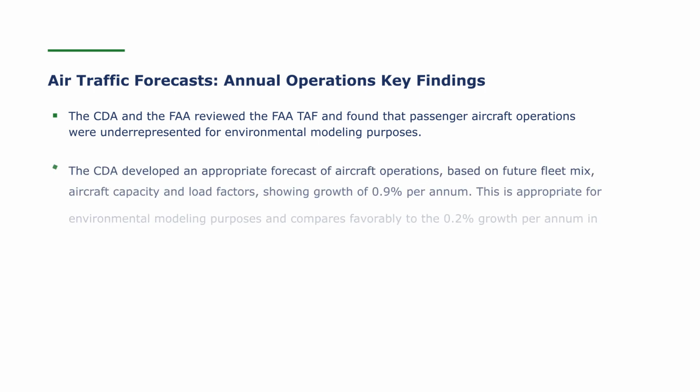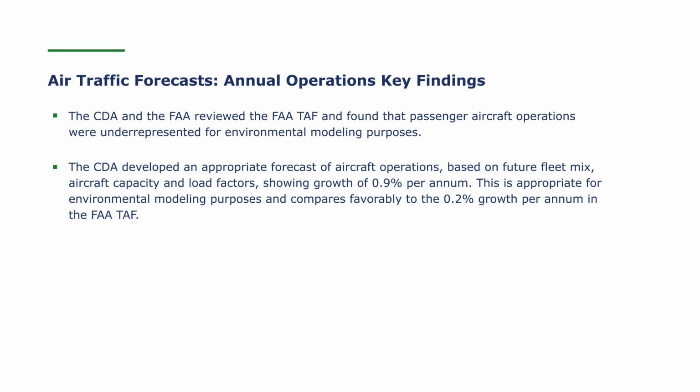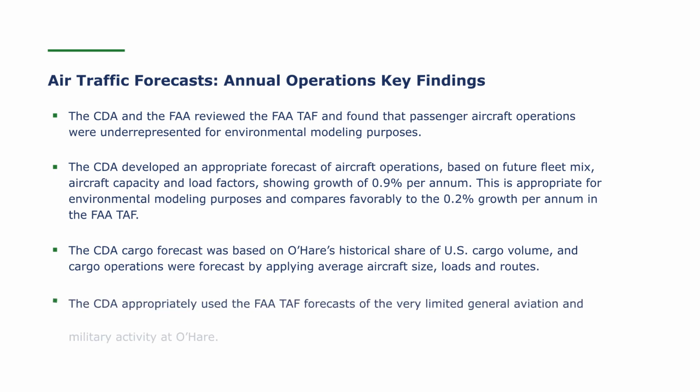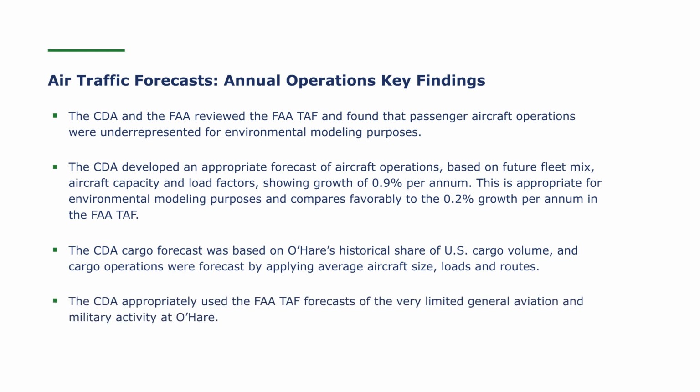The CDA also determined aircraft operations would grow at 0.9% annually compared to the 0.2% growth annually in the FAA TAF, which is appropriate for modeling purposes. Finally, the cargo forecast was based on O'Hare's historical share of U.S. cargo volume and the limited general aviation and military activity in the FAA TAF was used.